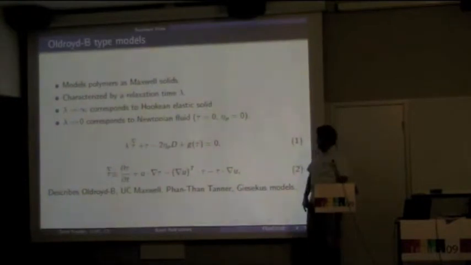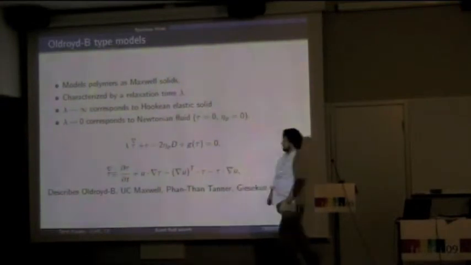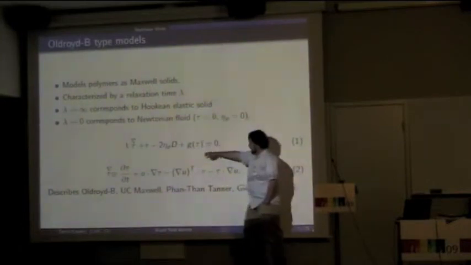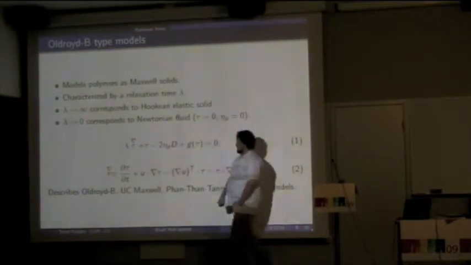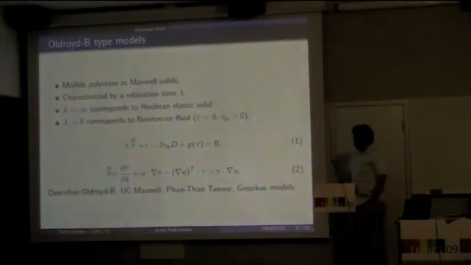He has a very nice review article, and he classifies all these different models that you see at the bottom on this kind of idea where you have an upper convected Cauchy stress, and you have some nonlinear function here. But largely, everybody works with this lambda.